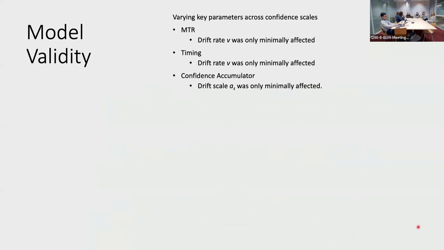So to look at whether our models produce sensible parameter changes, we additionally allow the key parameters that represent memory strength in each model to vary across conditions. What we found is that the key parameters in each model were only minimally affected when we altered the number of confidence options.